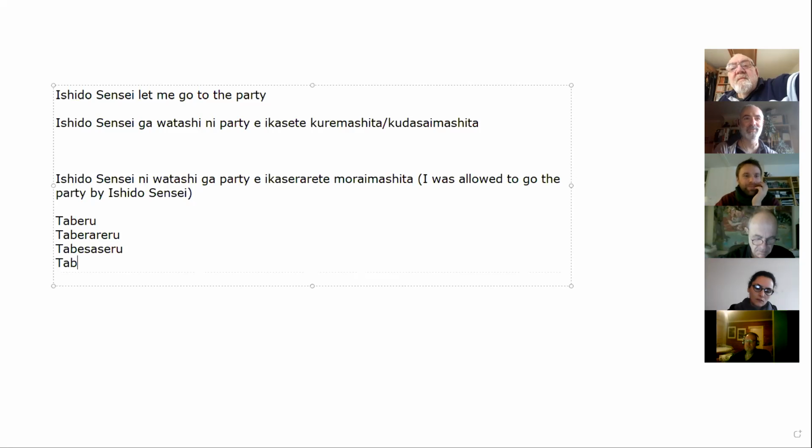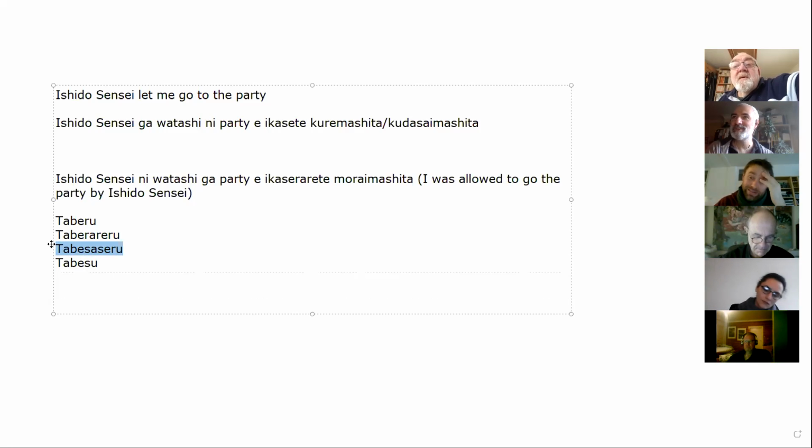And then there's this other one, which we're not going to practice or even study this year, because I'd have to learn it myself, tabesu, which is the same as tabesasemashita. It's a kind of shortening of this, I believe, but I've never formally learnt it.